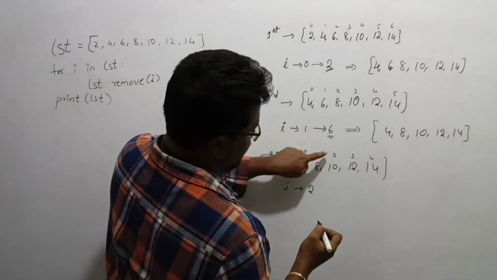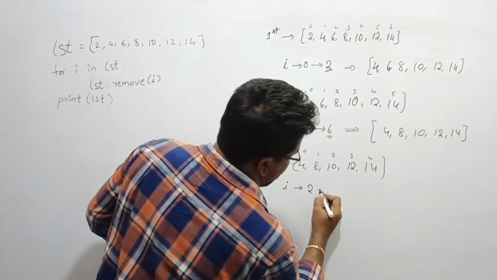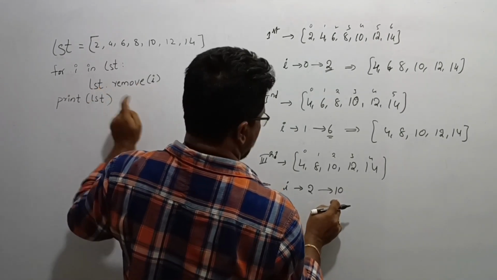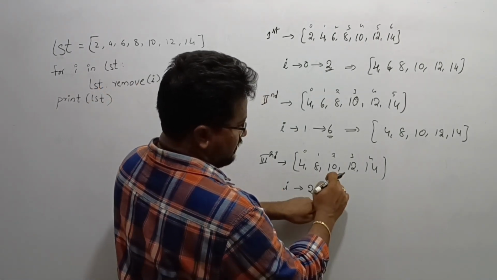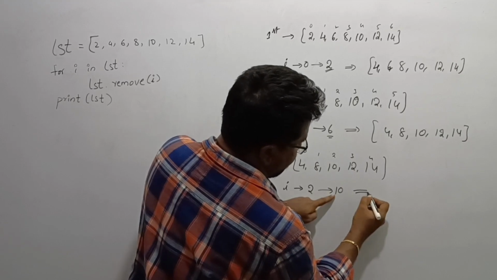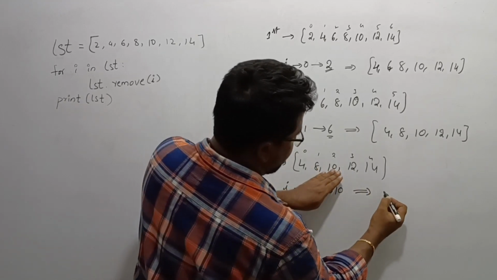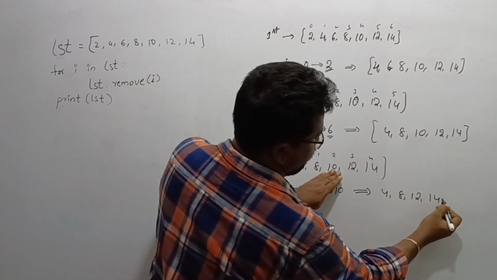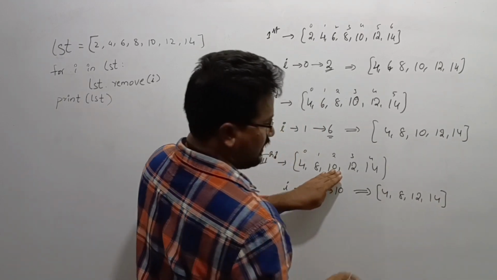Index numbers 0 and 1 are over. Now the i value is the index number 2 value, which is 10. That i value, 10, is removed from the list. If 10 is removed, the remaining list is 4, 8, 12 and 14.